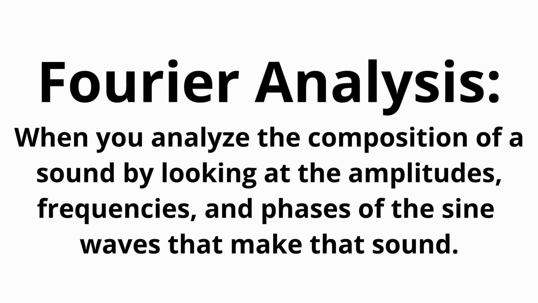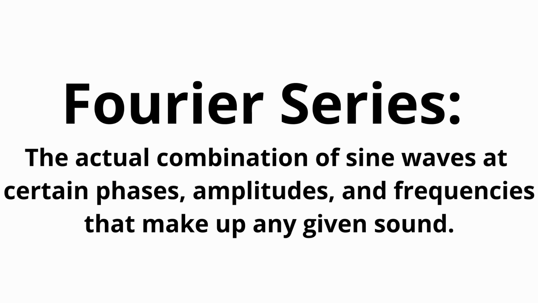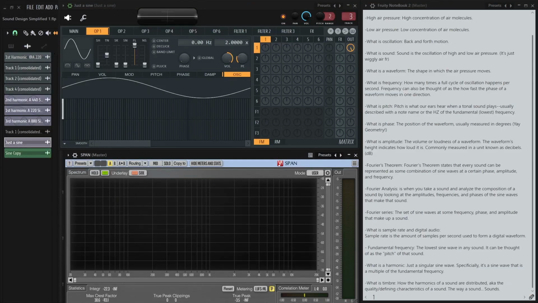Fourier analysis is when you take a sound and analyze the composition of that sound by looking at the amplitudes, frequencies, and phases of the sine waves that make up that sound. And we have the Fourier series. The Fourier series is the actual combination of sine waves at certain phases, amplitudes, and frequencies that make up any given sound.